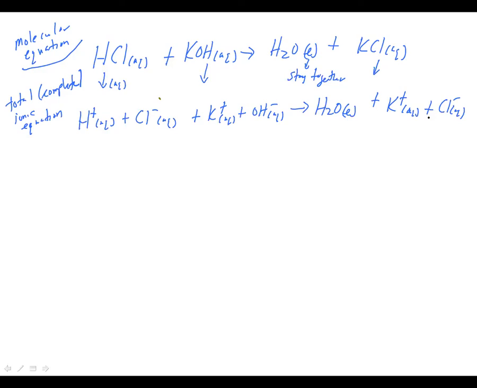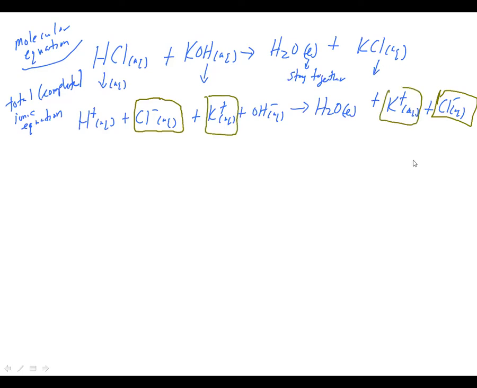And we see K plus on the left-hand side, and we also see K plus on this side as well. These guys, which are exactly the same on both sides of the arrow, should have the same amount, same charges on both sides and everything. These are what are referred to as spectator ions.